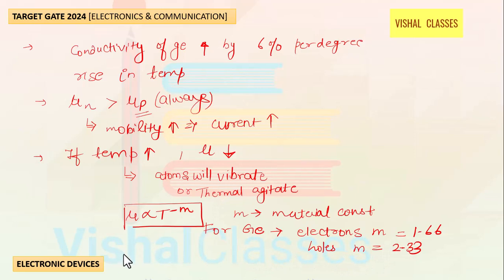Remember this. And for silicon, for electrons, the m value is 2.5, and for holes, the m value is 2.7.